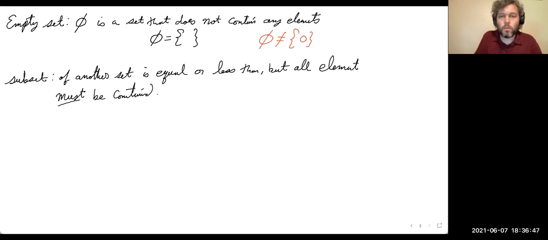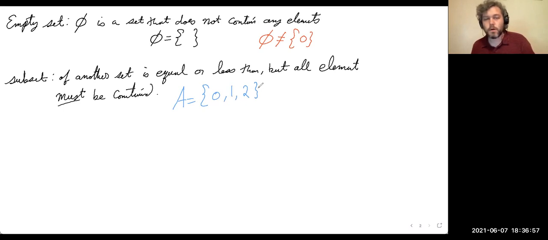Okay, so what is going on there? Well, we had the set A equals 0, 1, 2. Okay, so that was our example of a set. Now, I want to show you an example of a subset.